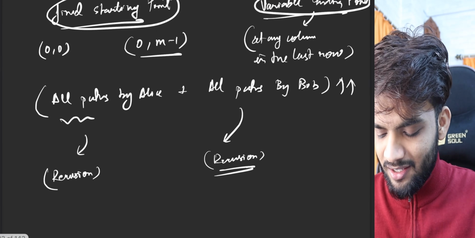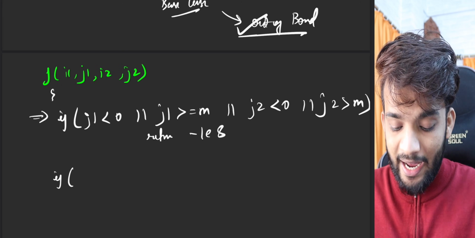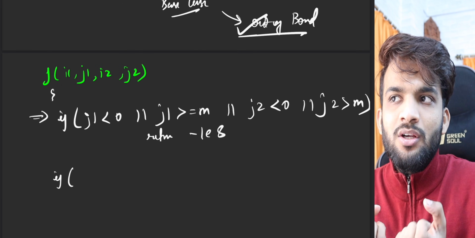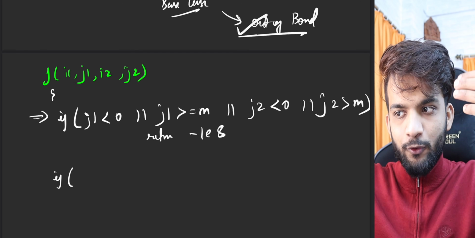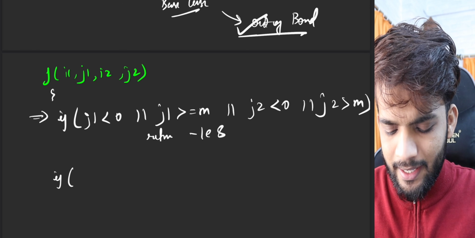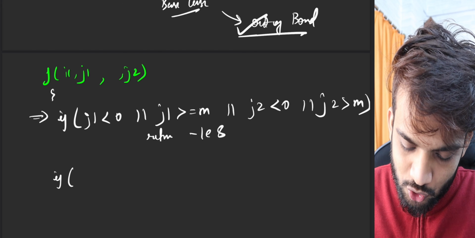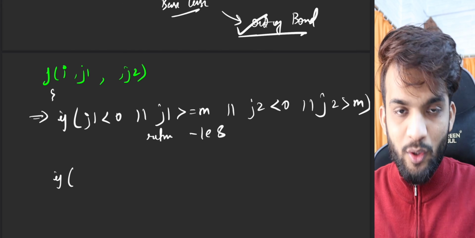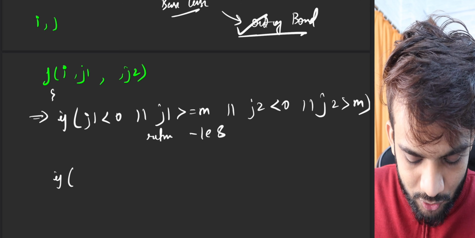So I can say, Striver, instead of maintaining I1 and I2, can't I write a single I? Because I will be the same. Only the columns will change, but they will move through rows simultaneously. I'll be like, yeah. So what I'll do is, I will now just store a single I. Instead of storing I1, J1, I'll say, let's have a common I, because Alice can be I, J1.